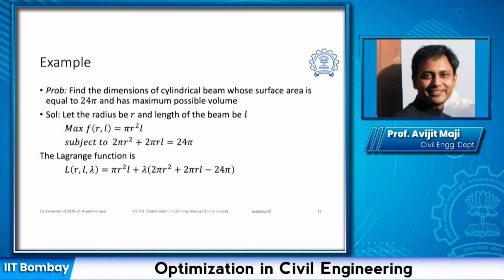In this problem, we need to find the dimensions of a cylindrical beam whose surface area is equal to 24 pi and has the maximum possible volume.